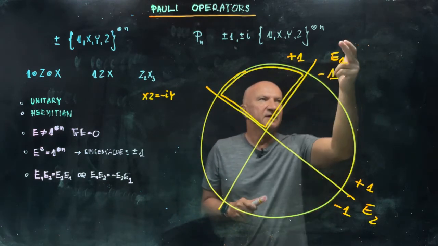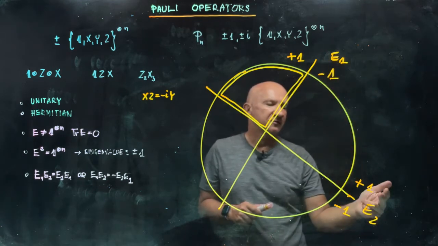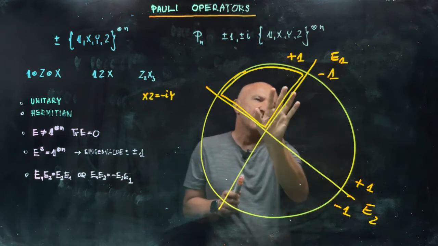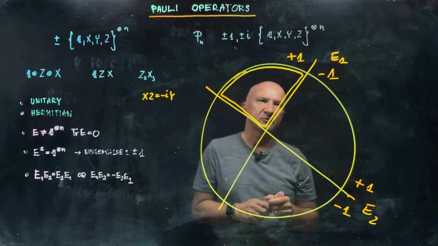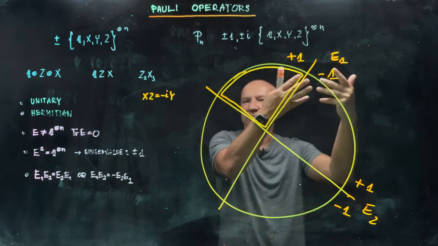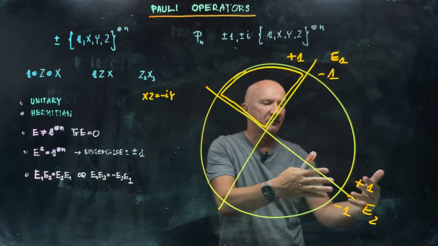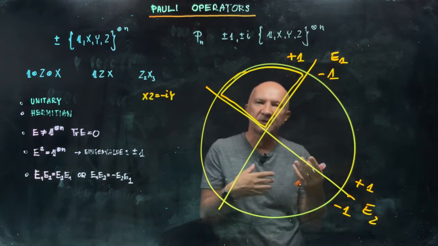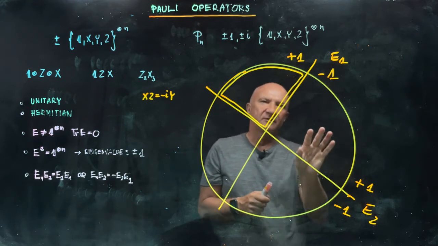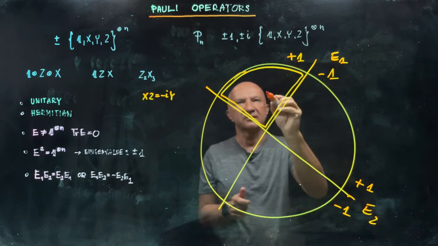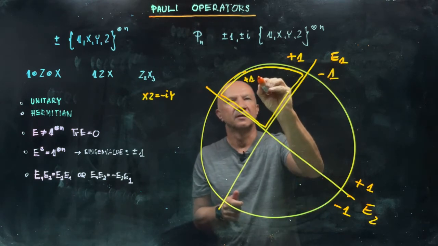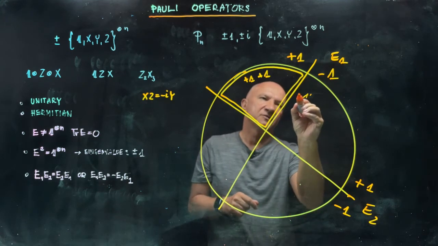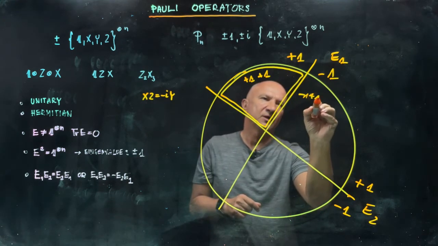And then you can clearly see that those operators will just define the error syndrome, because whenever an error happens, we'll just move to another subspace. If you think about those operators now as a sort of observables, and the outcomes of the measurements are +1 or -1, then you will have subspace labels: this one would be +1, +1, then this one would be -1, +1, and so on and so forth.